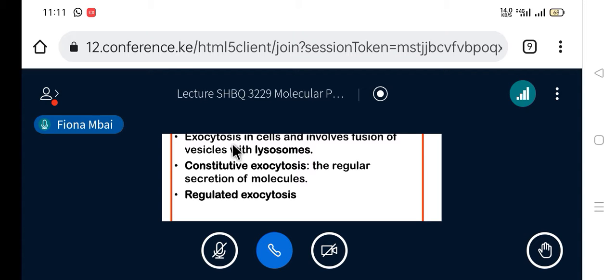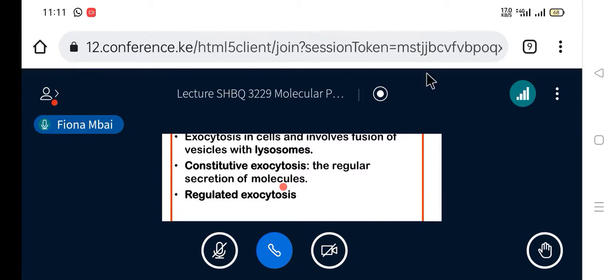So there are three common pathways of exocytosis. The first is exocytosis in cells, which involves fusion with lysosomes, which is what we've just gone through. And then there's constitutive exocytosis.